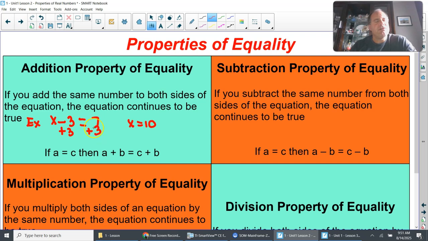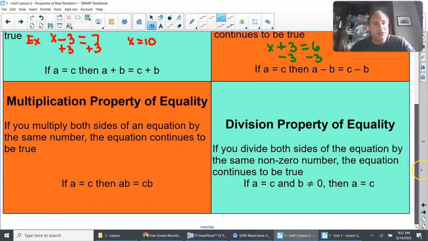That's the addition. You're adding on both sides. That's the addition property. If we're talking about x plus 3 equals 6, subtraction property of equality, you're subtracting on both sides, and that is x equals 3. And that's the property of equality that's happening there.